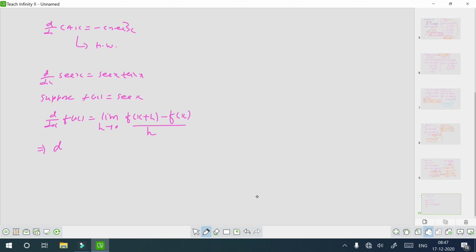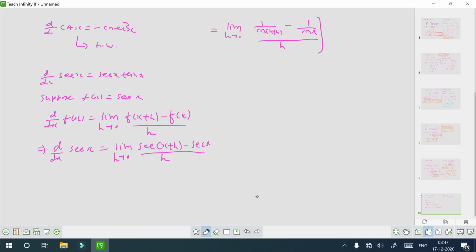This implies d by dx of sec x is equal to limit h tends to 0, sec of x plus h minus sec x over h. That is equal to limit h tends to 0, convert into sin cos, 1 over cos of x plus h minus 1 over cos x, over h.